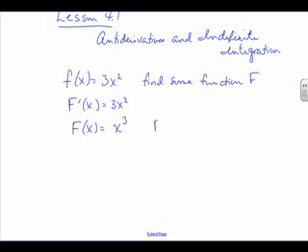What about maybe x cubed plus 5? Think about that. The derivative of x cubed is 3x squared using the power rule. The derivative of 5 is 0. So there's evidence that x cubed plus 5 is a function you could differentiate and get 3x squared.